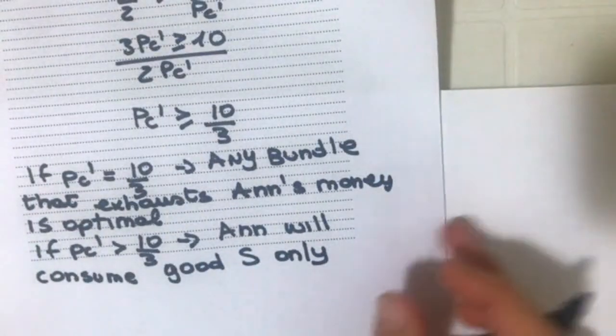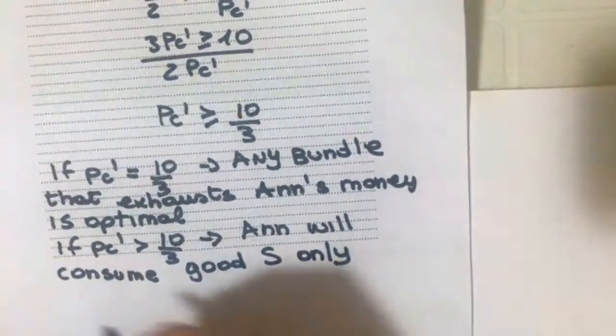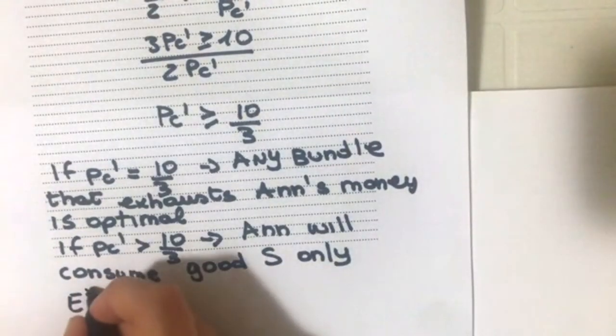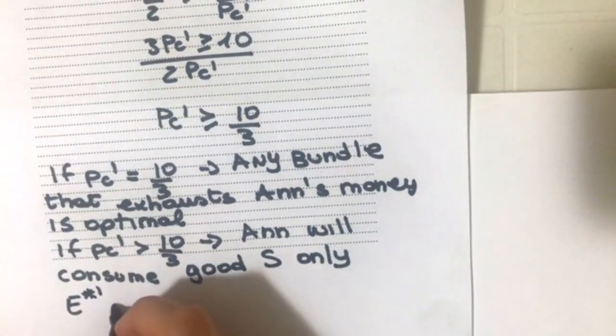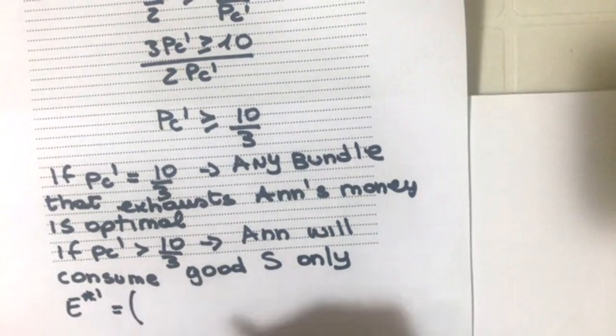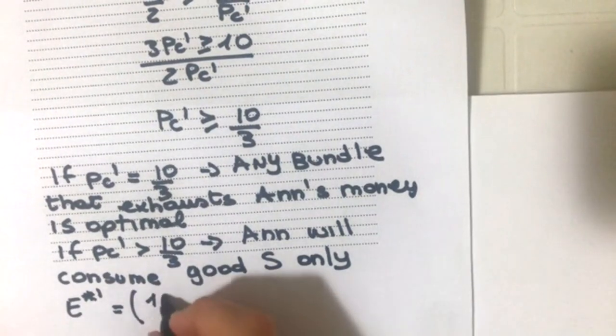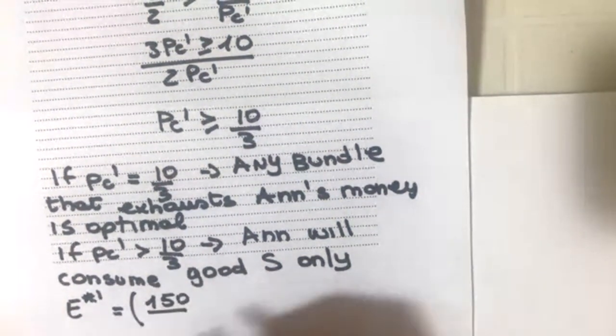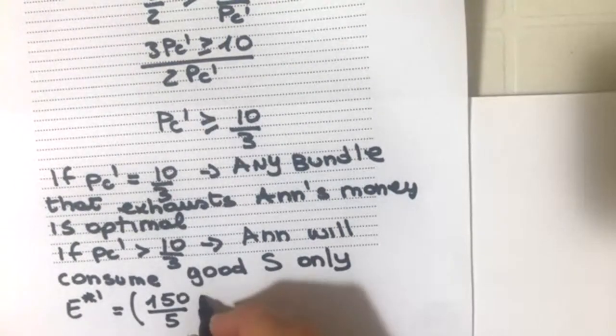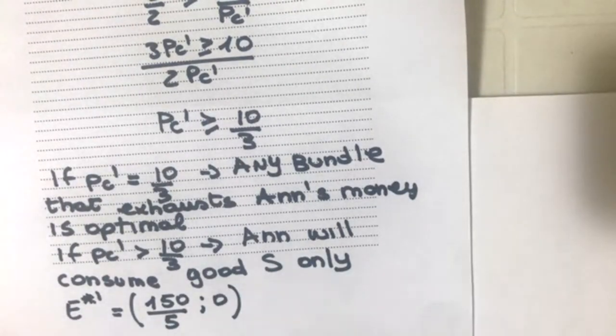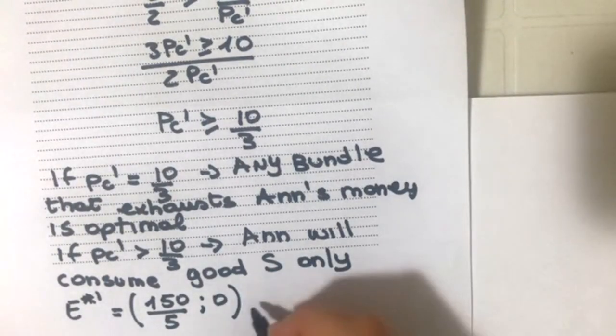This means that the optimal bundle will be E star prime equal to the amount of good S, which is the money over the price of S, 150 over 5, and 0 for good C. Exactly her initial endowment.